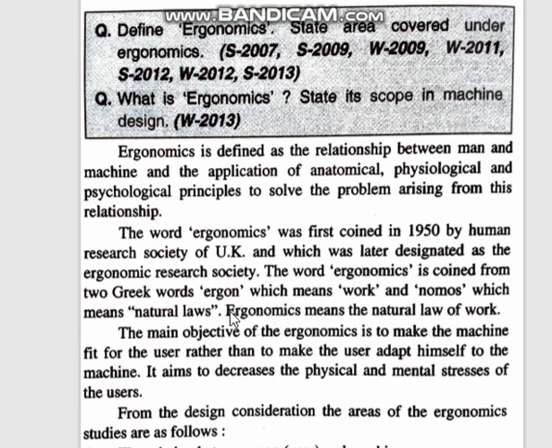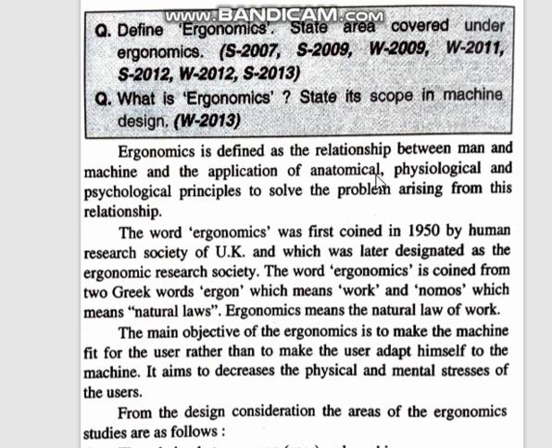So, what is ergonomics? Actually, here the definition is given. Ergonomics is defined as the relationship between man and machine and the application of anatomical principles, physiological principles, and psychological principles to solve the problems arising from this relationship.